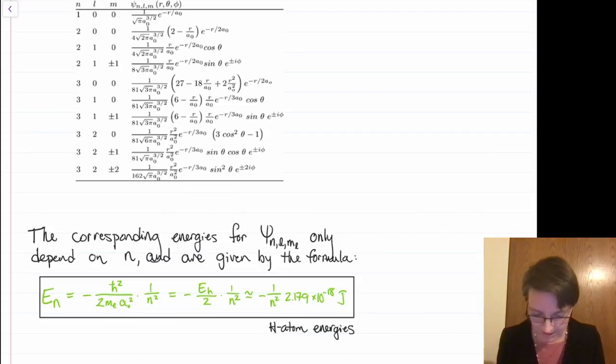If you like, you can also say that the energy of the nth orbital is half of a Hartree times whatever 1 over n squared is. Or if you really want to put this in terms of raw numbers and SI units, you can see that the energy of the orbital is inversely proportional to n squared still, but times 2-ish times 10 to the negative 18th joules.